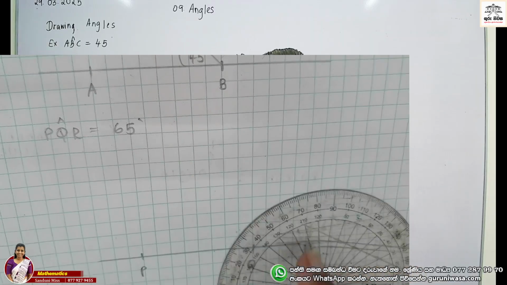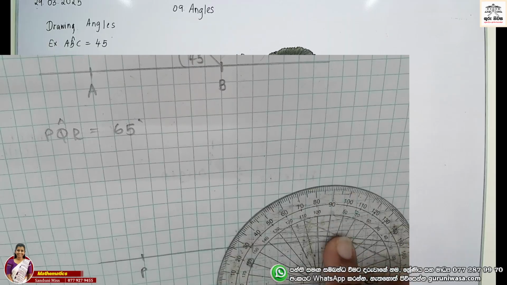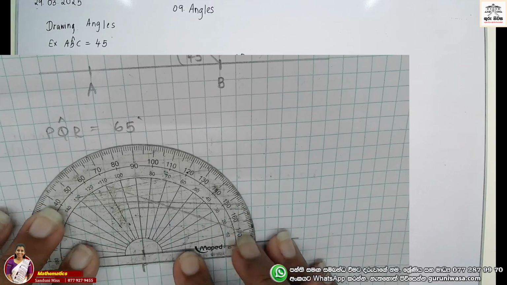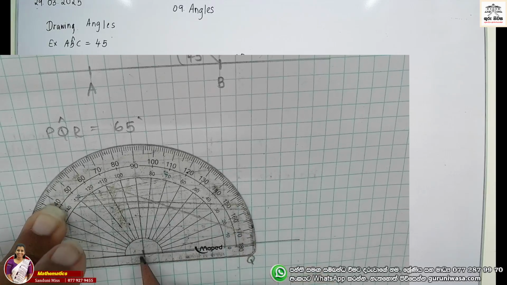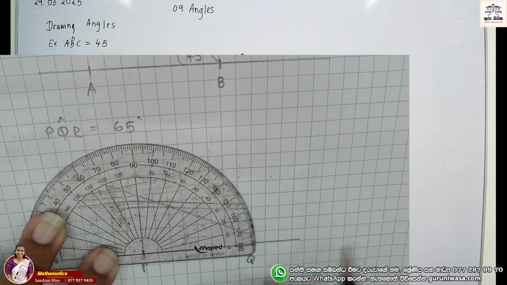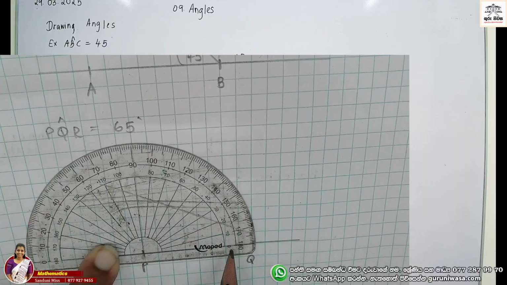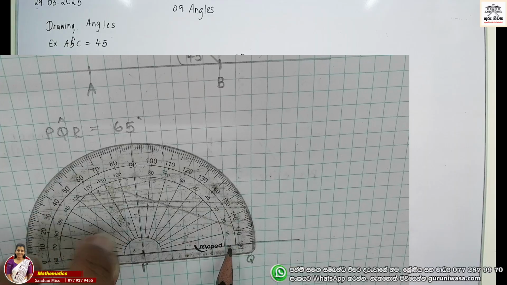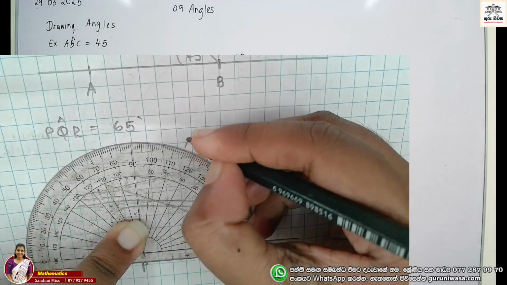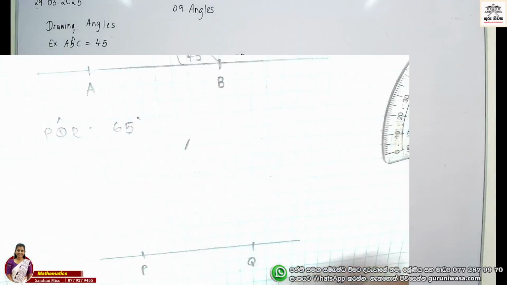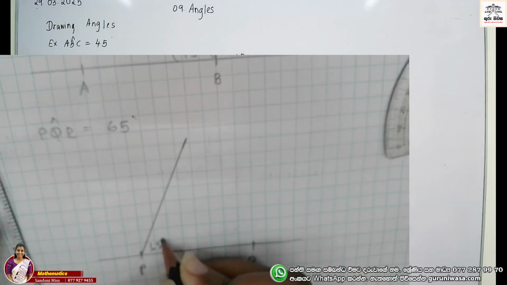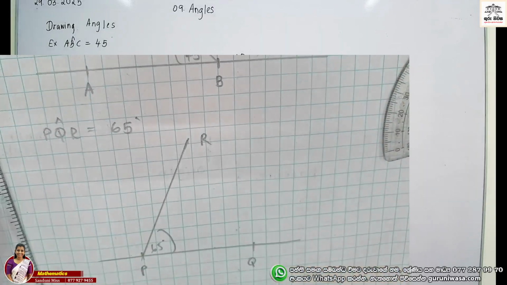Now we drew with the outer scale; now I'm going to show you how to draw with the inner scale. Keep the protractor on P. Origin and the baseline should be on the point P. Now we are measuring from this side, so you have to get the inner scale. 60 and 65 is here. Then draw the line. This angle is 65 degrees. Okay.